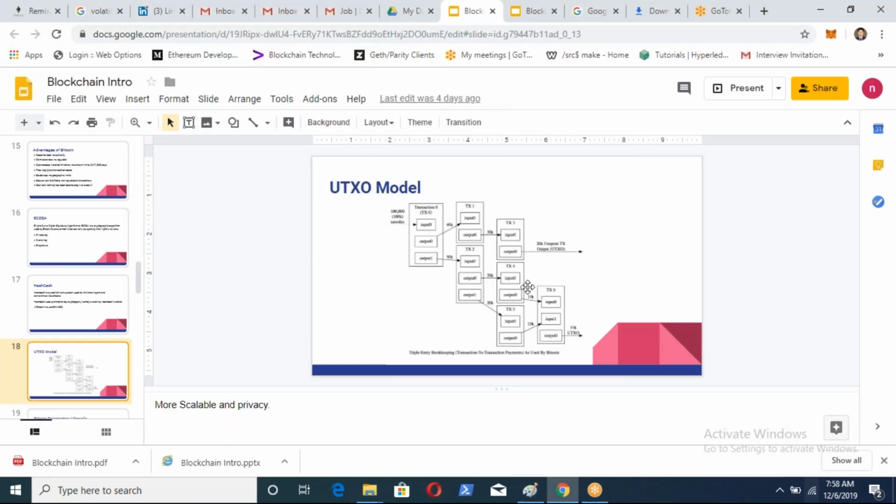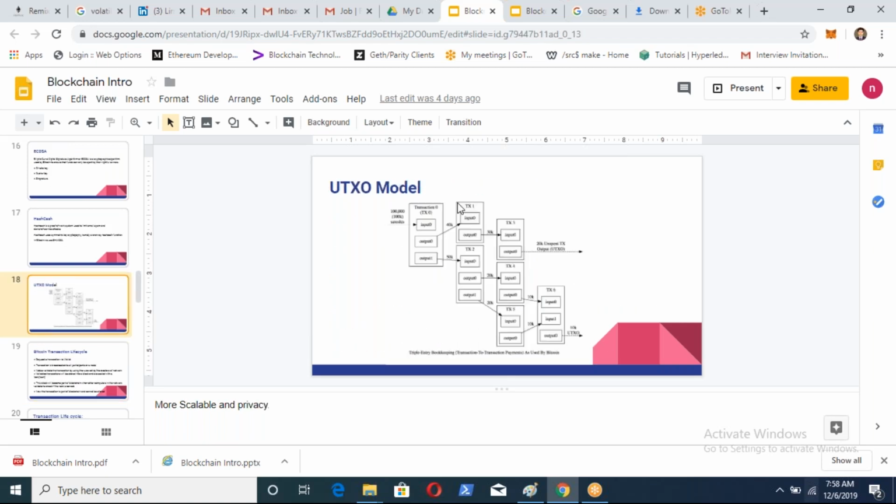If the value is greater than what I am sending, the transaction will happen, otherwise it will not happen, right? But in the Bitcoin case, it is different. Whatever we are not spending, those Bitcoins will come back to our account again with a new address. Understand?